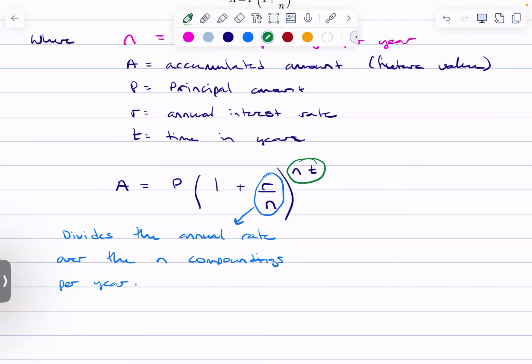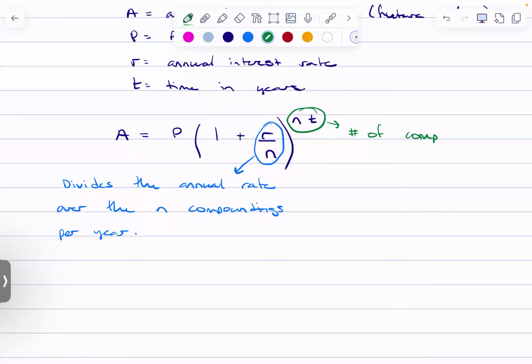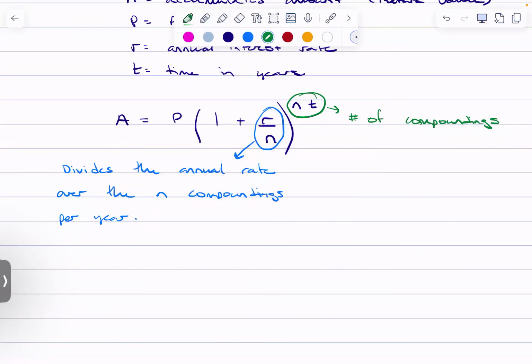What's N times T? N is the number of compoundings per year, and T is the number of years. So that's got to be the total number of compoundings, right? So how many compoundings are you letting this thing sit for? And so here, this is the number of compoundings for the entire term of the investment.